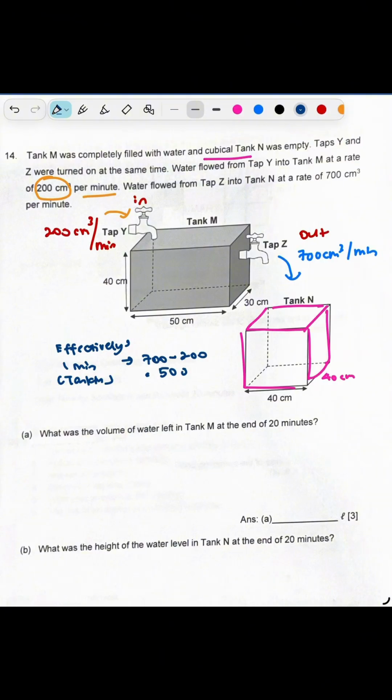Okay, effectively every 1 minute, after all the water being drained out and some water coming in, there will be 500 cubic centimeter less in tank M.